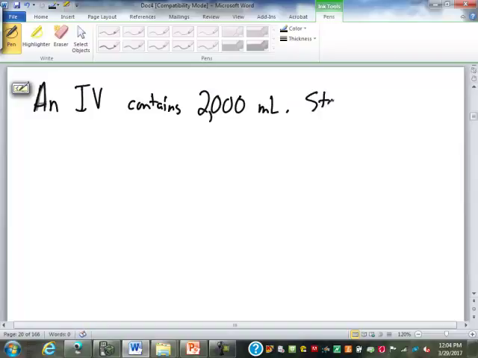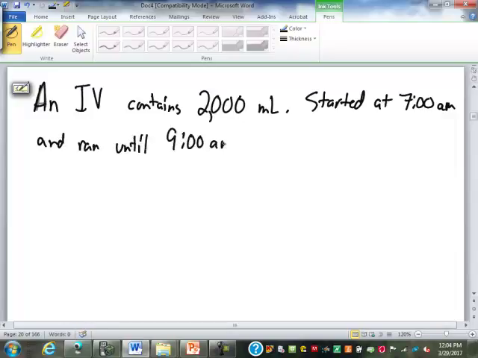It was started at 7 a.m. and ran until 9 a.m., which is when you started the shift. So you're coming in at 9 a.m. and you are seeing this is a 2,000 milliliter bag that was started at 7 a.m.